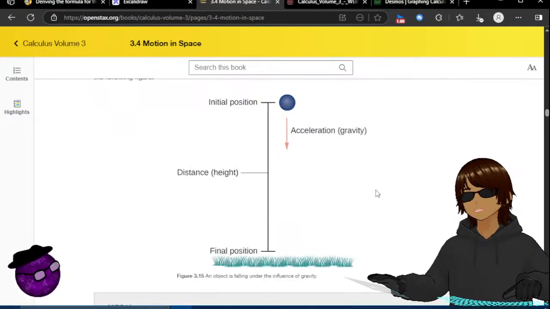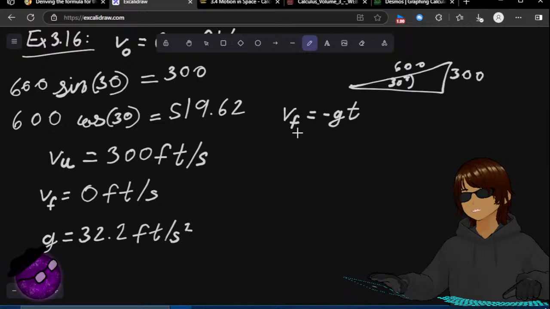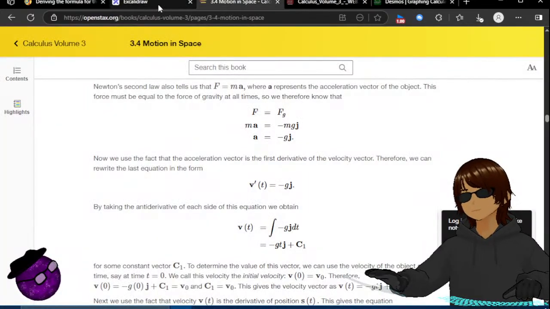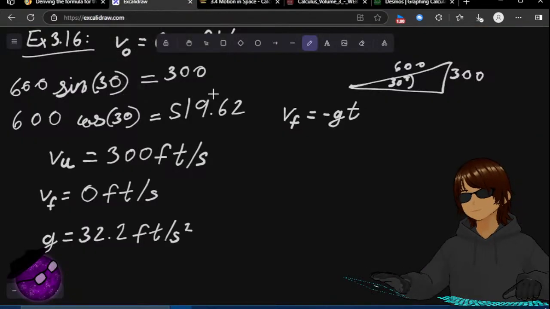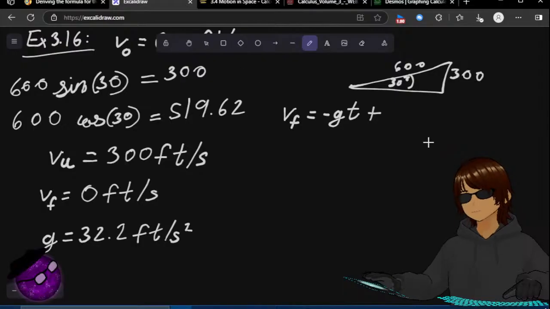Why did they use G as a positive? Now I have to put the negative outside. Plus it with V initial, which is the upward V we calculated here.